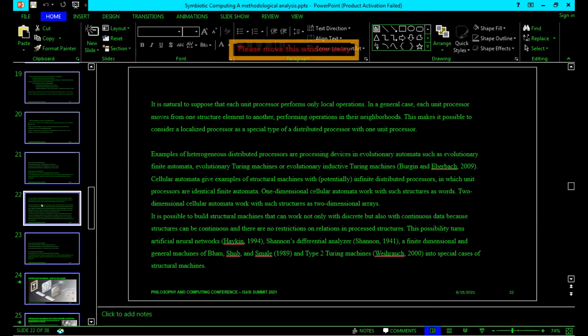Cellular automata also give an example of structural machines with potentially infinite distributed processors, in which unit processors are identical finite automata.